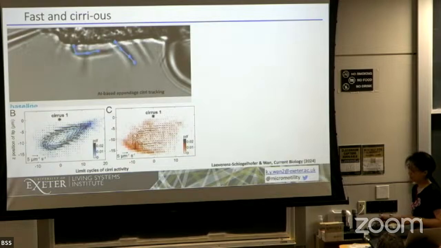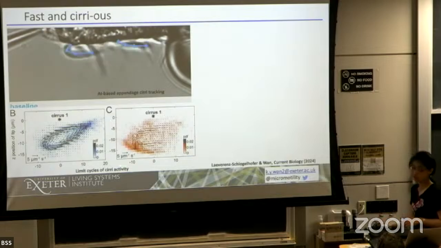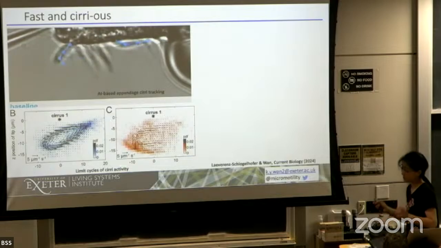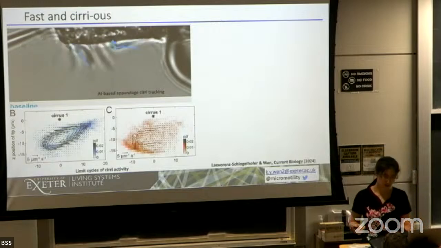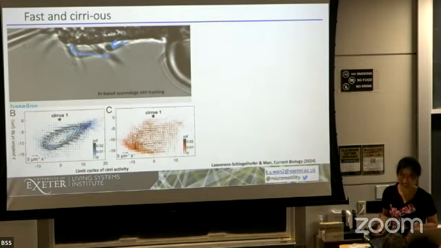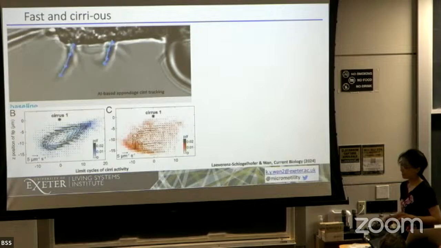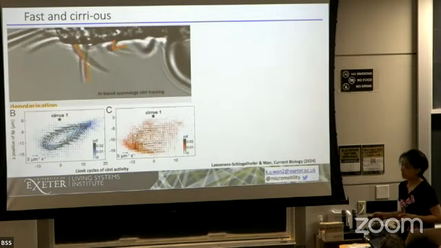And then you find this very pronounced circulation. And of course, you could try to compute some parameter like entropy production, etc.